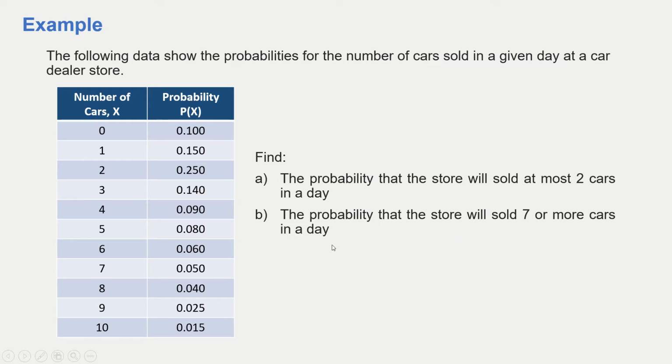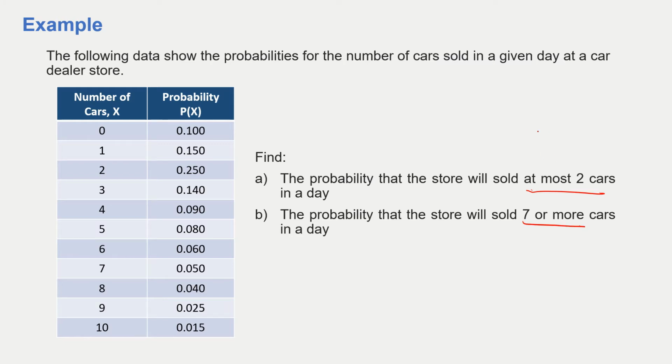Here, we were not given a probability notation, but we need to look at the description. This is an implicit description, so it is not directly given. We have here at most 2 cars and 7 or more cars. So how do we represent them?